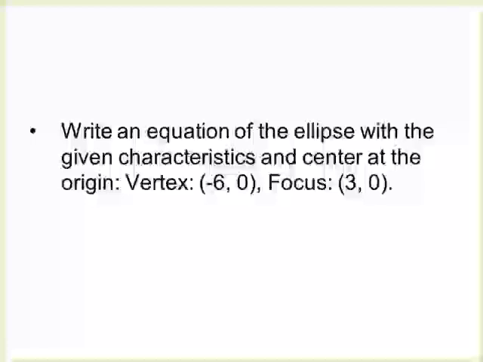So we have x squared over something plus y squared over something equals 1. Our vertex has a number in the x position, so we're going to square it and put it with the x. But then we're given a focus also in the x position, not a covertex.